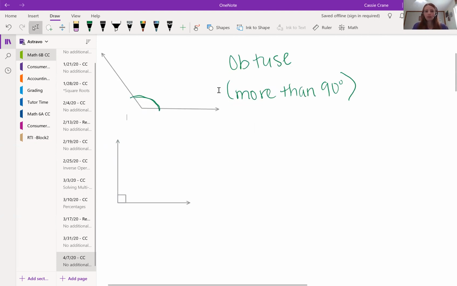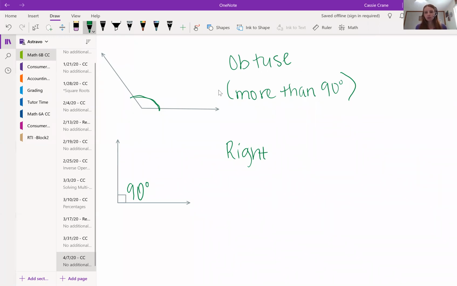All right, and then the last one down here would be what? Yeah, this one would be a right angle, and that little box in the corner tells us that it measures exactly 90 degrees. It's no more, no less, it is exactly 90 degrees, and that's a right angle every time. Perfect.